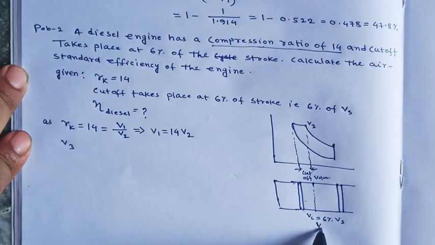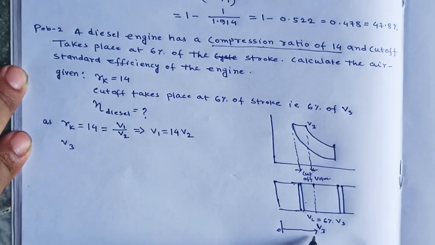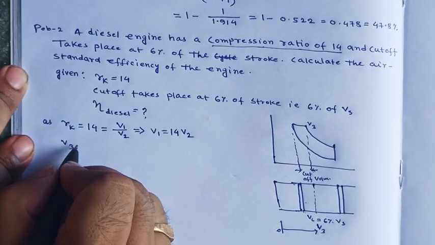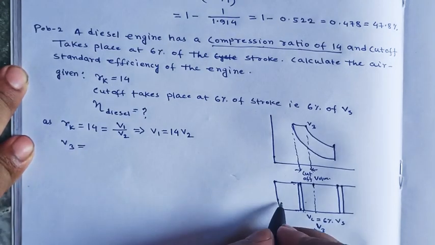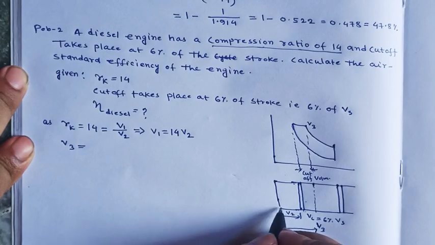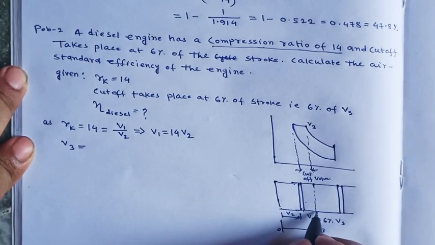This point is V3. So you can see that this is V2 clearance volume plus cutoff volume.